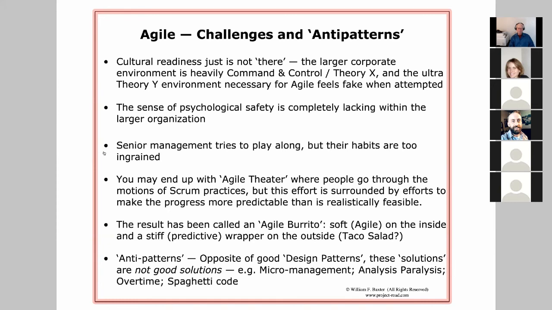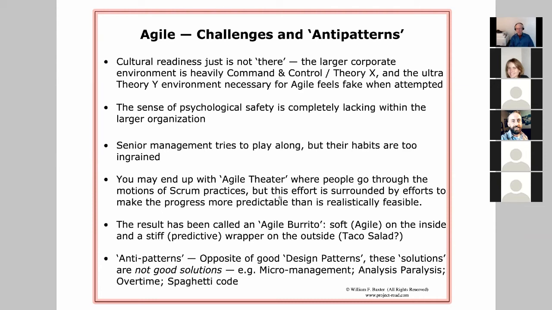So sometimes senior management tries to play along, but their habits are ingrained, so they just don't play well with Agile. You often see Agile theater where people go through the motions of trying to follow Scrum practices, but they don't really understand the practices or how to do them properly, or there are other pressures within the organization that distort everything.